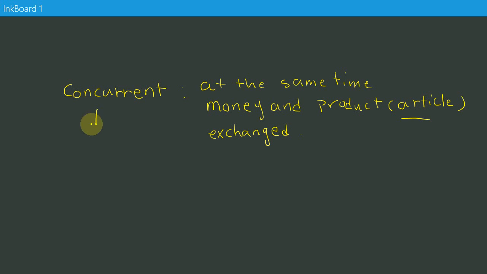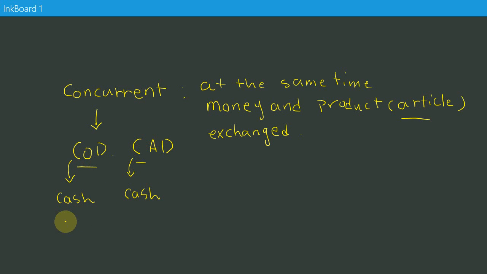I told you we have two methods, two species, COD and CAD, right? So COD, what is COD standing for? Each of these two terms, the C stands for cash. The C of CAD also stands for cash. This is the same.